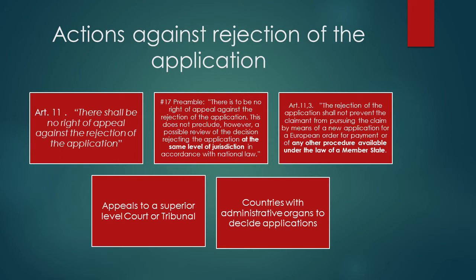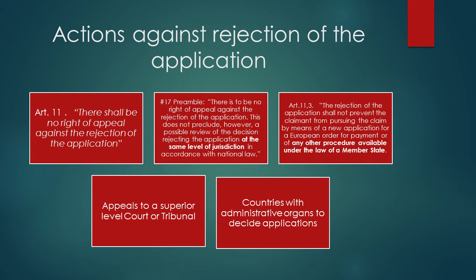It always will go to a superior level of jurisdiction. If the application is rejected by a single judge court, for instance, it will go to a high court formed by 3 or more, up to, I think, 7 judges, but not to the same level of jurisdiction. So what it means is not quite clear to me.